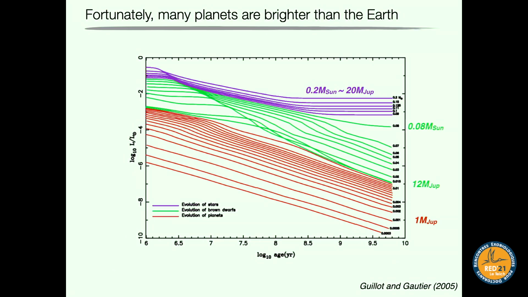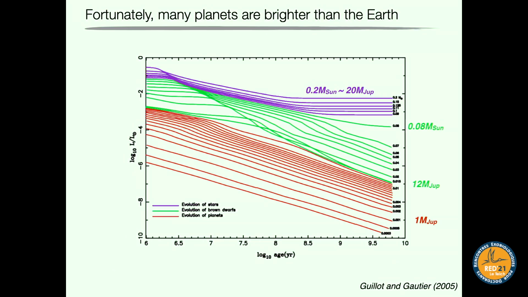Then you have in green what we call the brown dwarfs, which are objects that are a bit less massive, not massive enough to burn hydrogen and so to be called stars, but a bit too massive to actually be called planets. And so we go basically from 0.08 solar mass, so meaning 80 Jupiter masses, down to about 12 Jupiter masses. And then in red, we have what we would call the super Jupiters, so between 12 and 1 Jupiter mass.